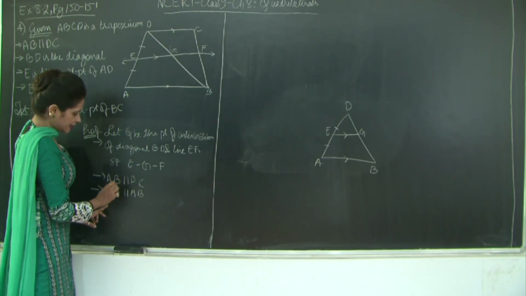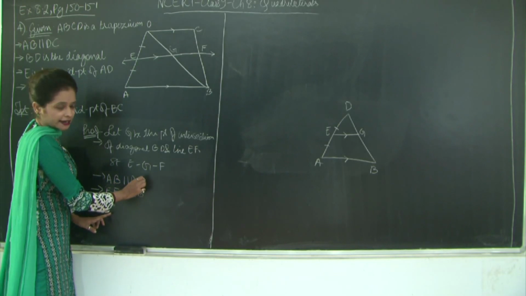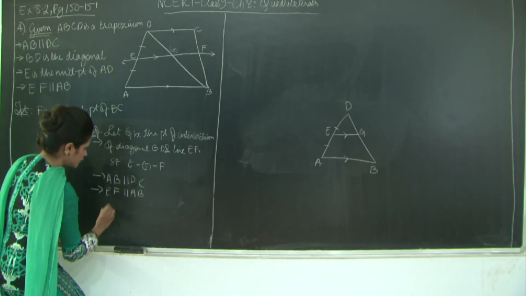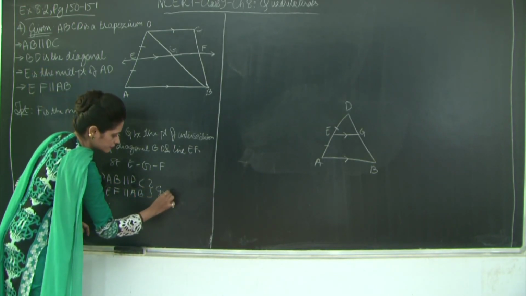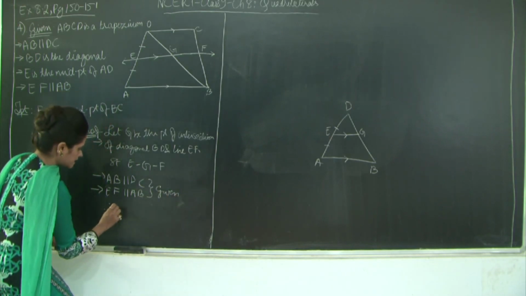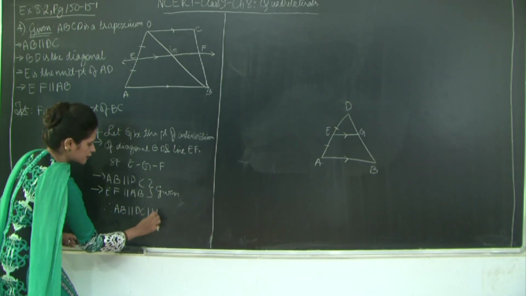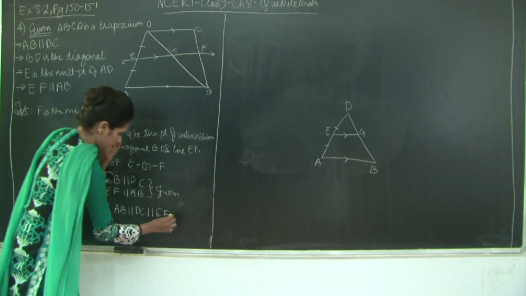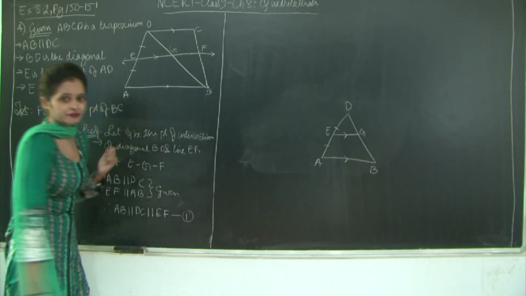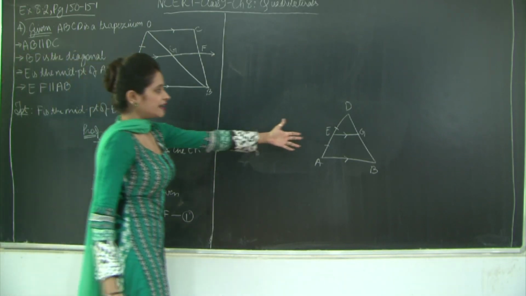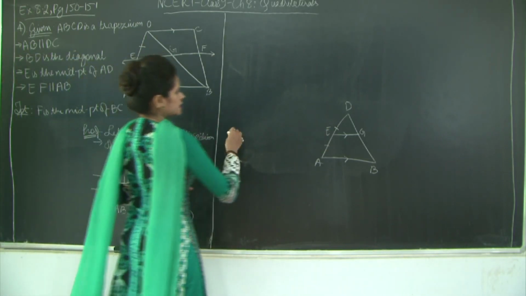Therefore, what can I say? That EF is parallel to AB, which is parallel to DC. Therefore, first of all, these both are given. Therefore, what can I say? That AB is parallel to DC, which is parallel to EF. Let us mark this as 1. And now, let us go ahead and prove that G is the midpoint of DB.